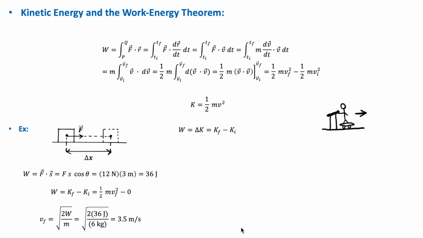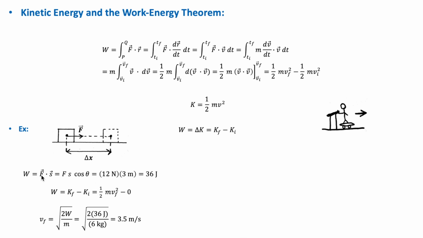So as an example, let's consider a 6-kilogram block that is initially at rest, and then it is pushed to the right along a frictionless surface by a constant horizontal force of magnitude 12 newtons, okay? And we want to find the block's speed after it has moved a distance of 3 meters.